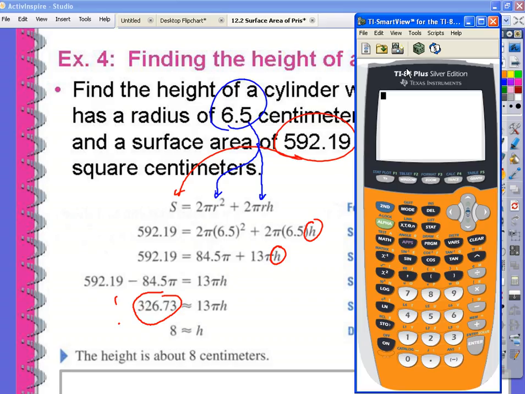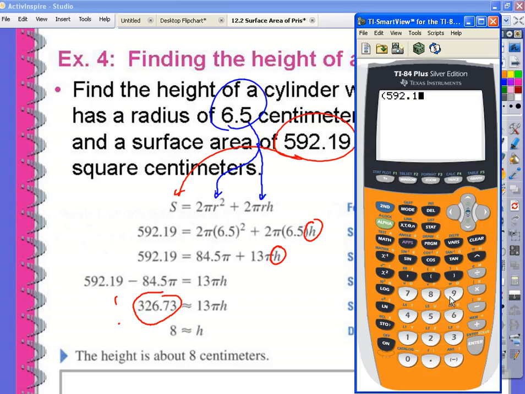I'm going to subtract this 84.5 pi to that side. And my pi button is towards the second button, it's the caret. Right there, yeah. So second caret, that button gives me pi. Close the parentheses, and then I'll divide that whole thing by 13 pi.